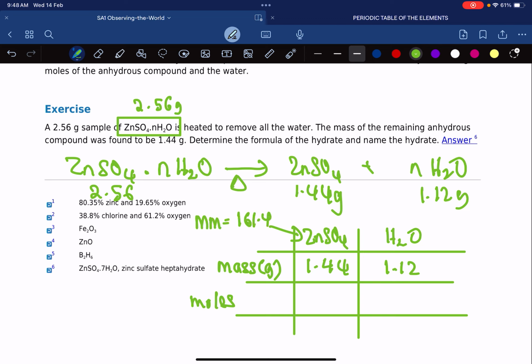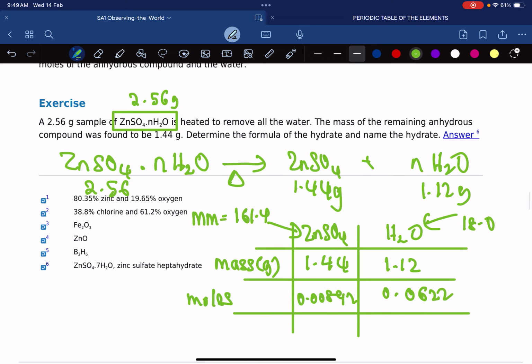I'm going to work out the moles. 1.44 divided by 161.4, I'm going to get, wow, such a small number, 0.00892. For water, I know from my previous calculations the molar mass is 18. So 1.12 divided by 18 gives me 0.0622.